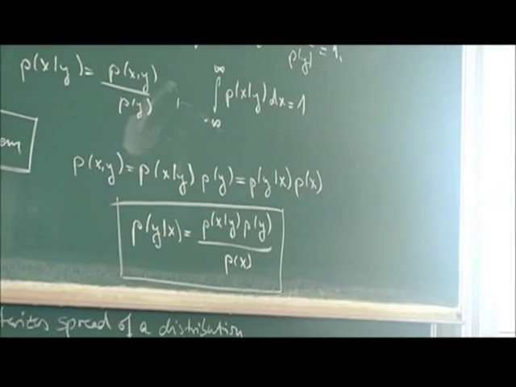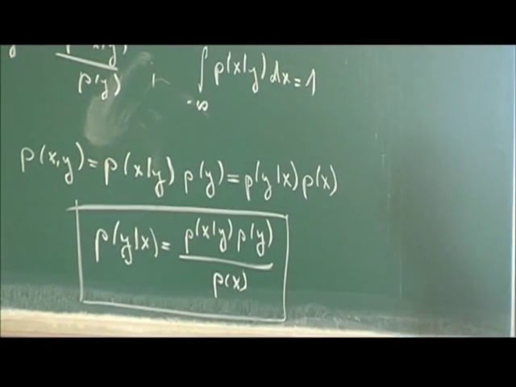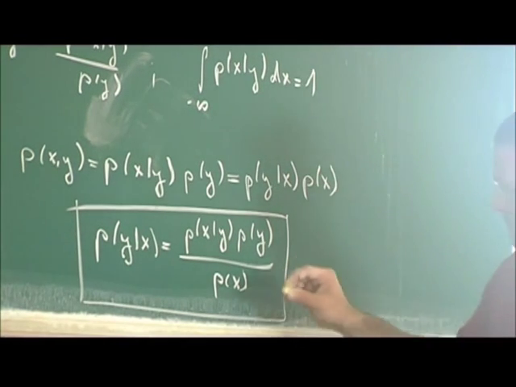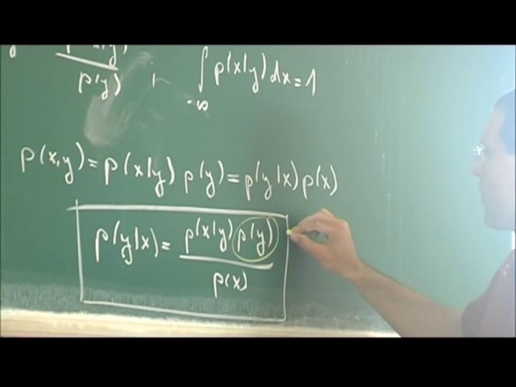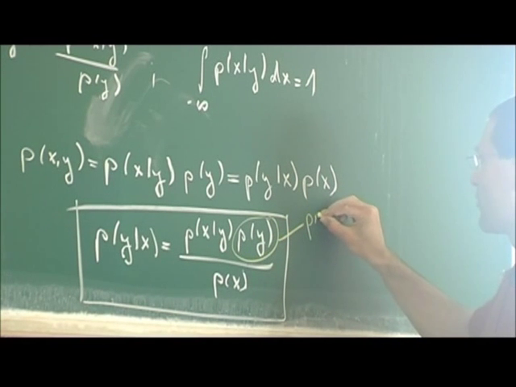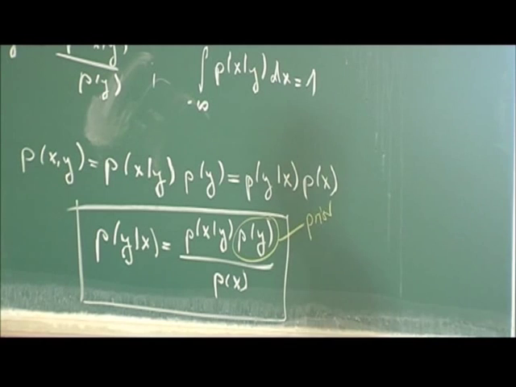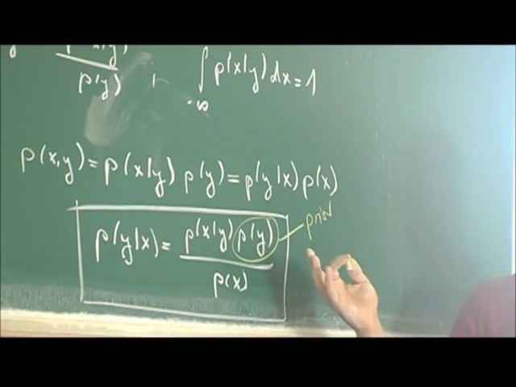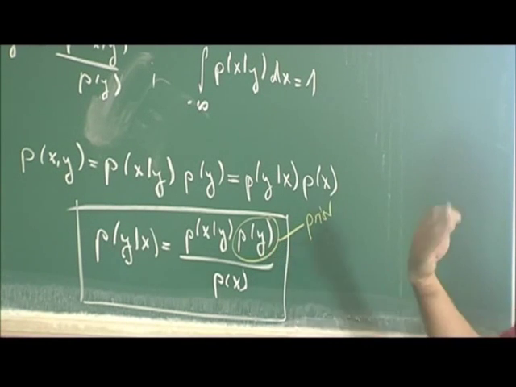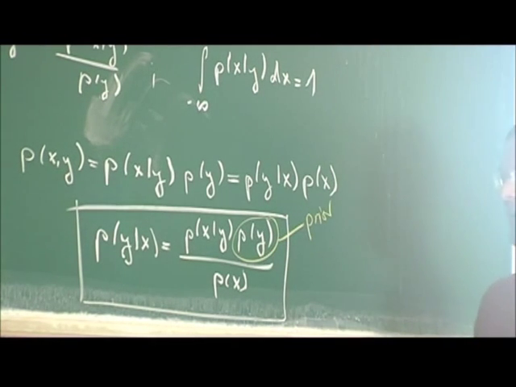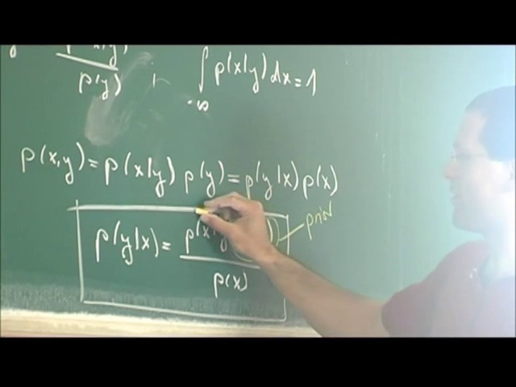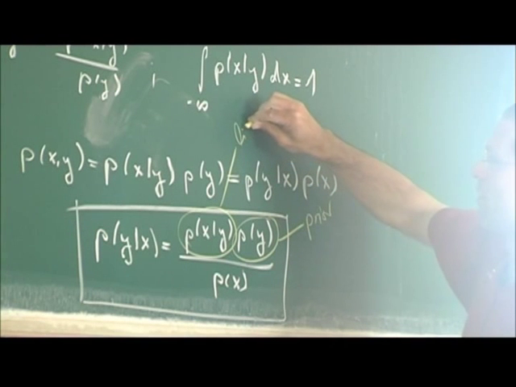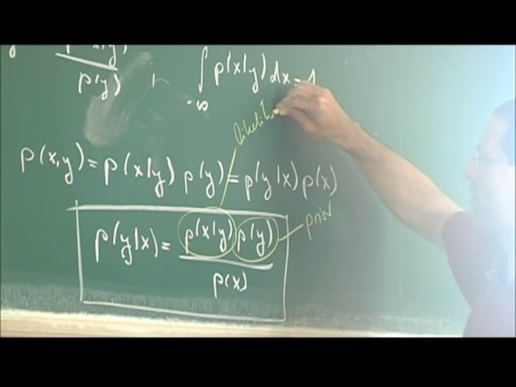It is fair to say that this has revolutionized the way statistics is done, and it's so important that the individual terms have names of their own. So p of y is also called the prior. This is the prior probability of y if we know nothing yet about x. Then we have this conditional of x given y, which is called the likelihood.